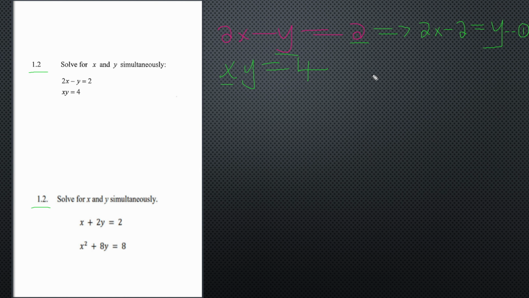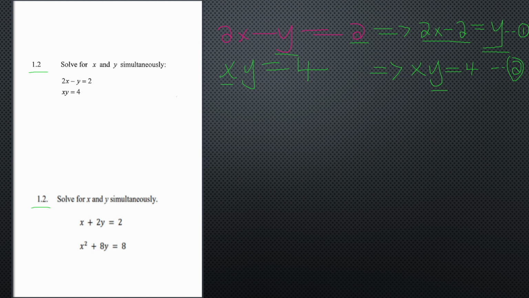Then you use xy equals 4 as your equation number 2, right? Now we can take this y and substitute it within the second equation that we have down there.